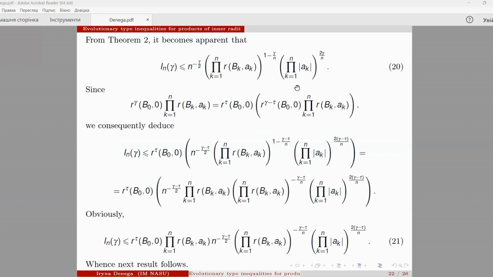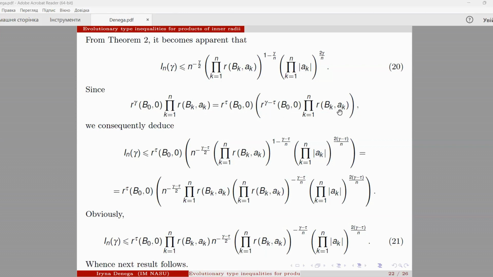And we move to evolutionary type inequalities. From theorem 2, for the functional I_n of gamma, inequality 20 holds. It is clear that R(B_0, 0) to the gamma, product R(B_k, a_k) equals R(B_0, 0) to the tau, times R(B_0, 0) to the gamma minus tau, product R(B_k, a_k).